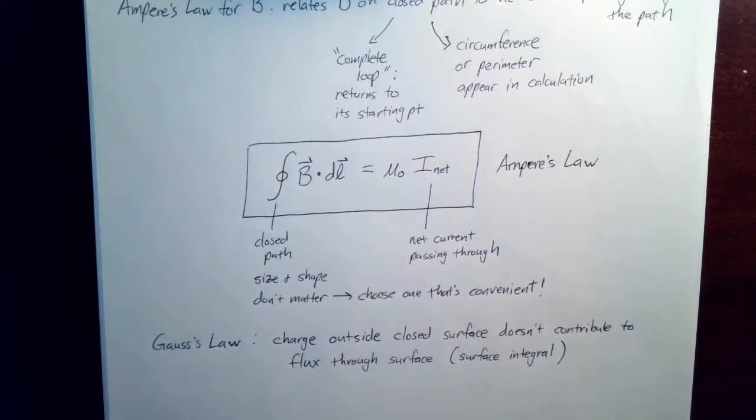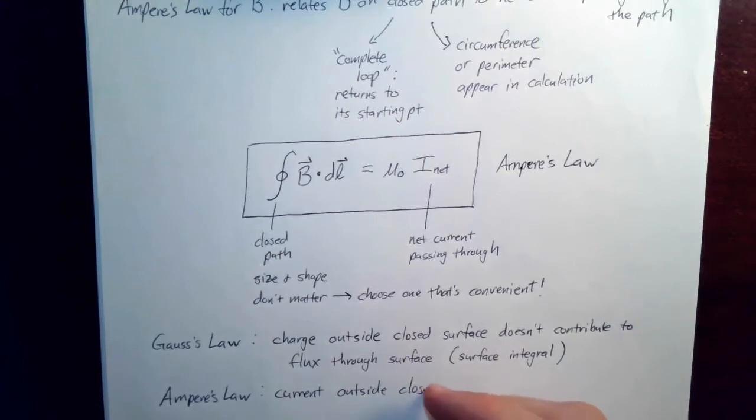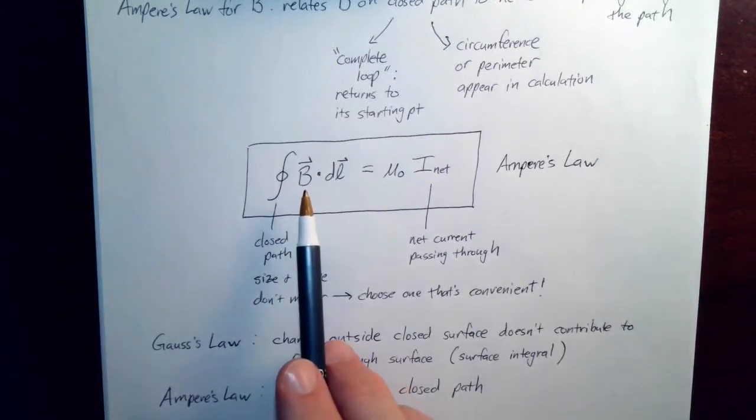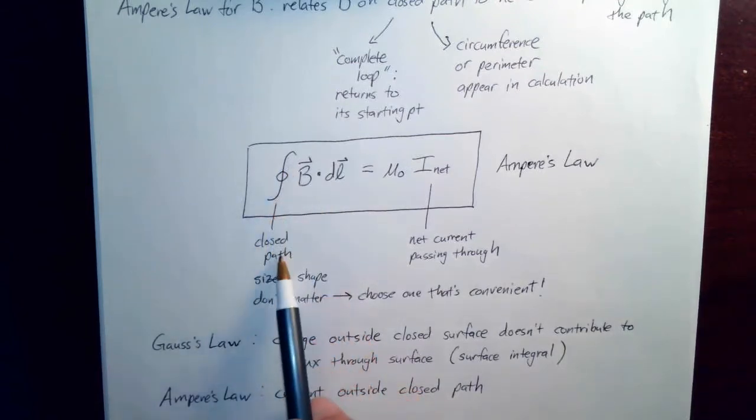Ampere's law has a similar property, except now it's current that's outside the closed path, meaning it does not travel through the path, it doesn't pierce the surface defined by the path, and I'll talk more about that in a minute. That doesn't contribute to the, now we're not doing a surface integral, we're doing what's called a path integral because we're integrating along a path. So that does not contribute to the path integral if the current is outside the closed path.